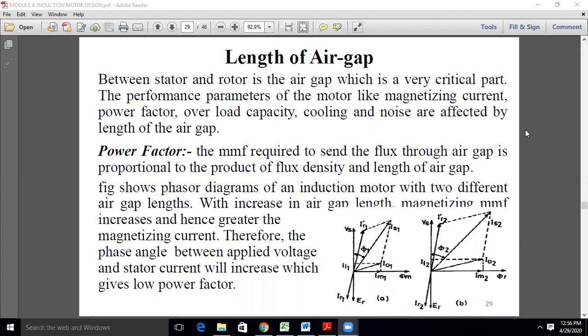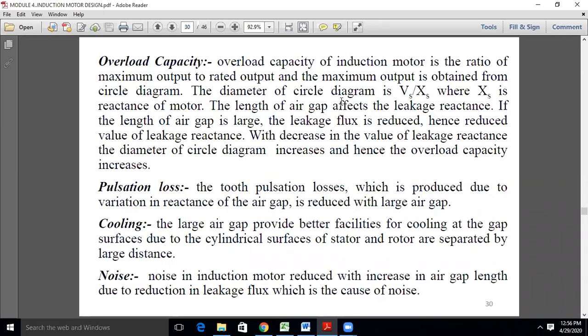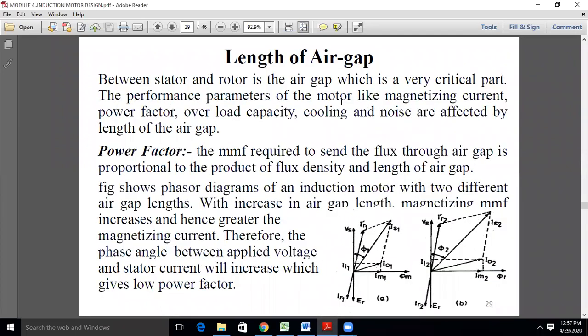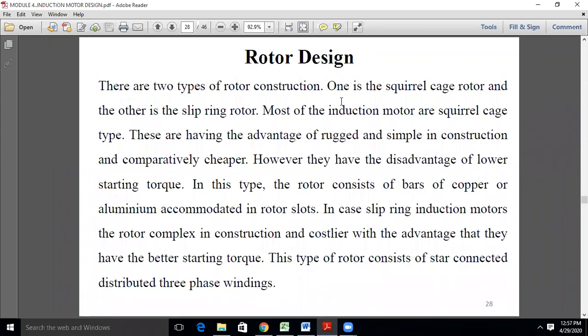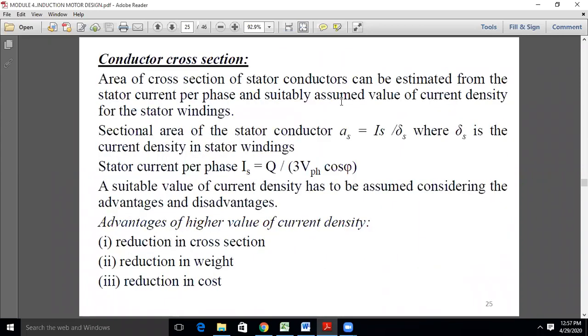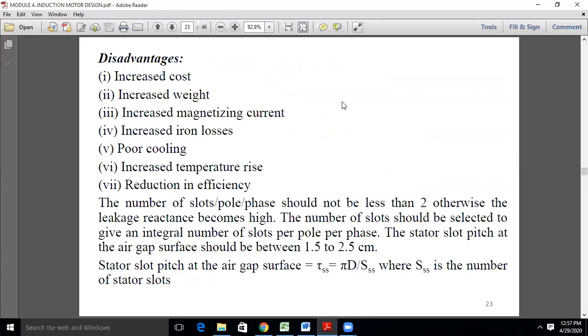First I will show you this length of air gap, how the length of air gap should be selected, what parameters will be affected. So these are the main parameters. Depending on the length of air gap, these may change. Before this, we have discussed the stator design and all.